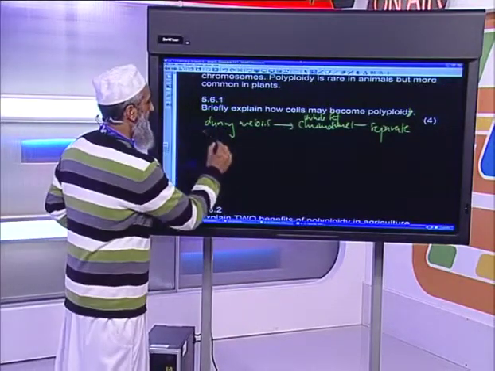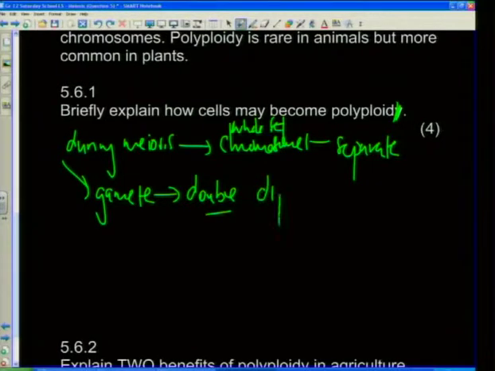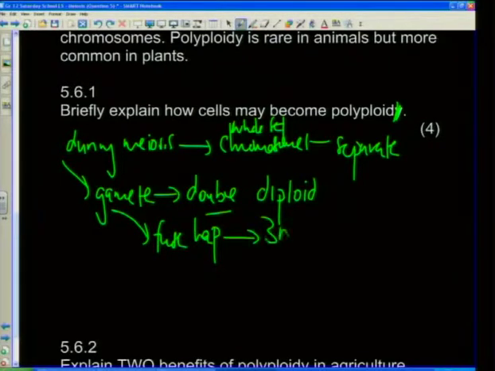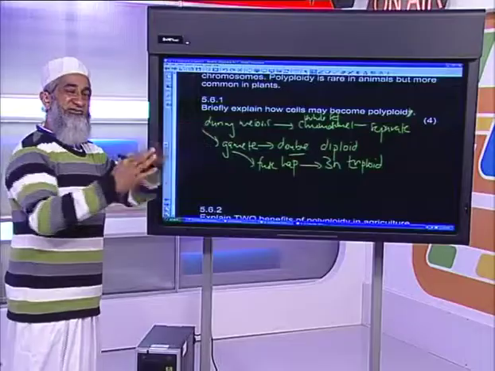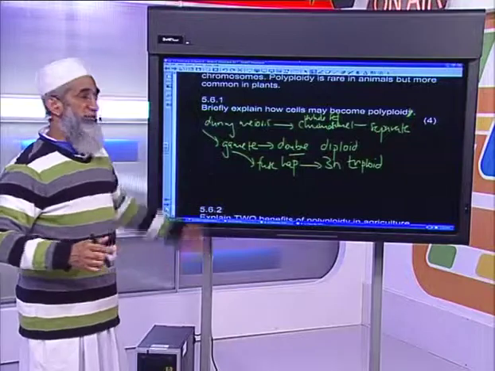In other words, what would happen then, one gamete would have double, or rather diploid, chromosome number. If this gamete now fuses with a haploid, then 2 plus 1 equals 3. It will form a 3N or triploid. Okay, so if that happens and if it doubles, then you'll have more. If 2 and 2 becomes 4 and so on, and that is how this happens.